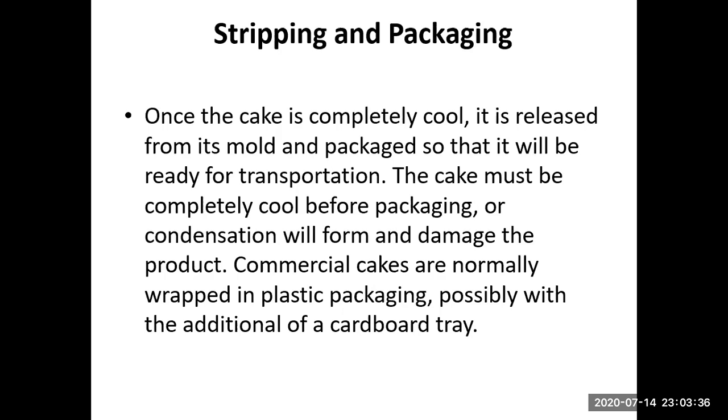In our last class we learned how shorten or chiffon cake is prepared. Now we learn about how cakes can be prepared in industrial machines. If you want to know what kinds of cakes are actually prepared in industries, the answer is, it's up to the manufacturer.